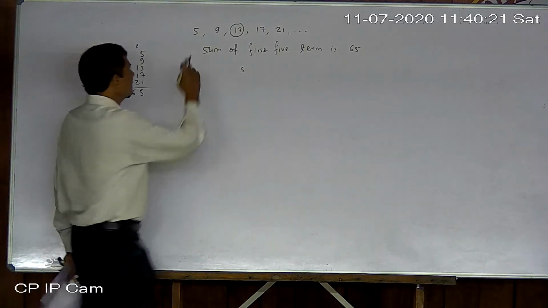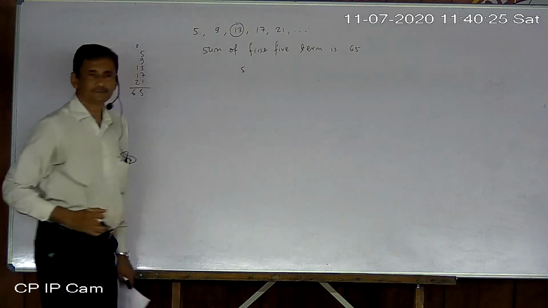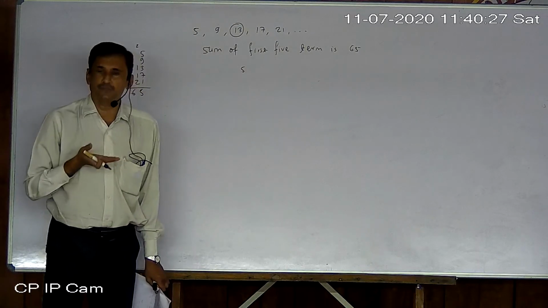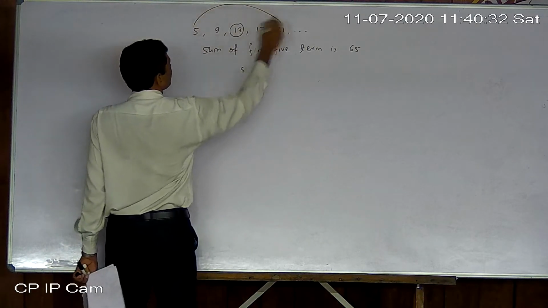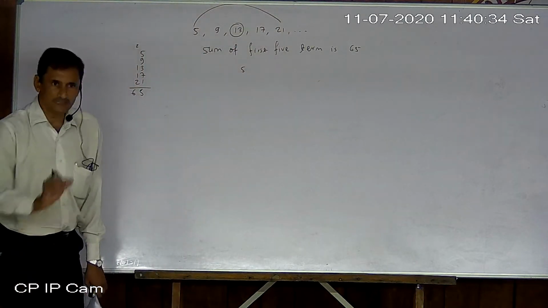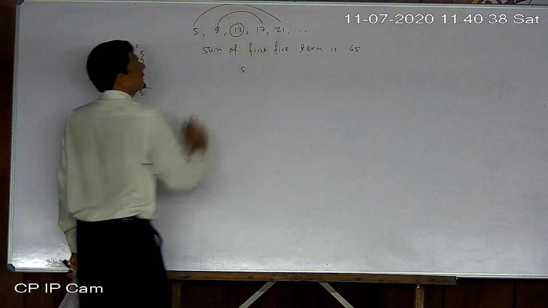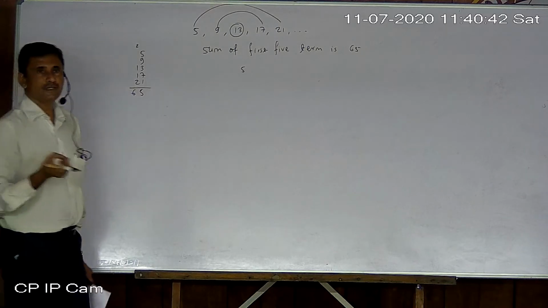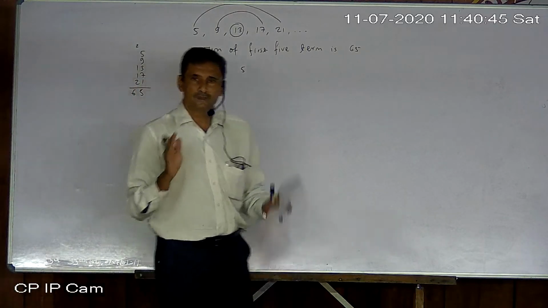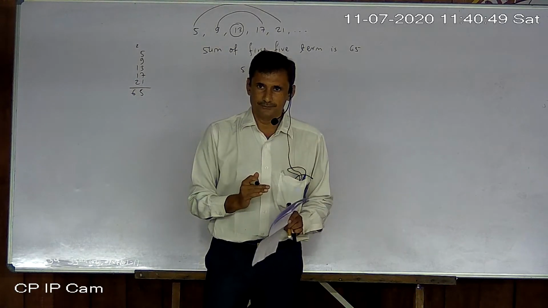Otherwise, if you add first and last and take the average of that, it will obviously be 13. Suppose this one is 21 plus 5, 26, 26 by 2, 13. 9 plus 17, 26, 26 by 2, 13. Okay, so average is nothing but the sum of either the first and last term divided by 2.